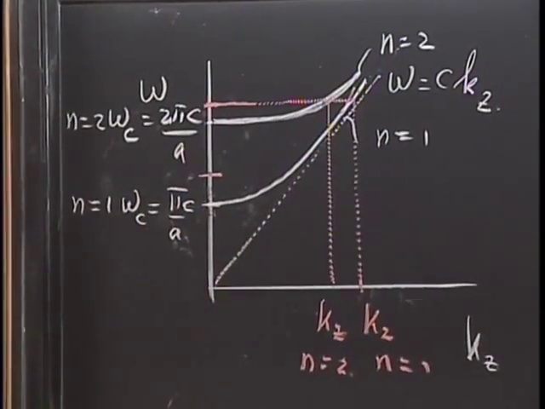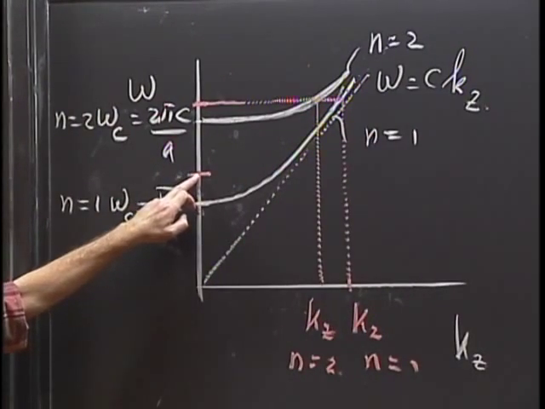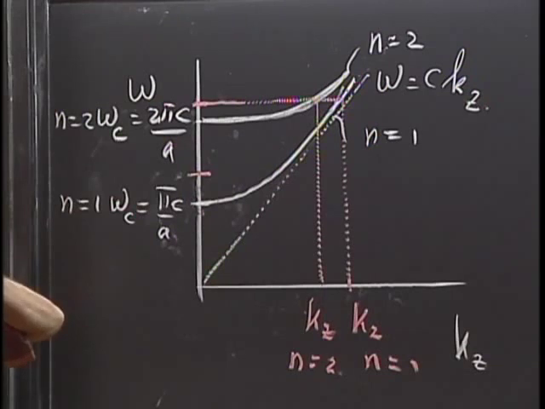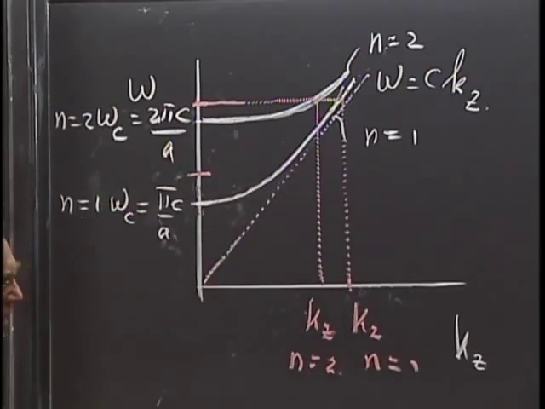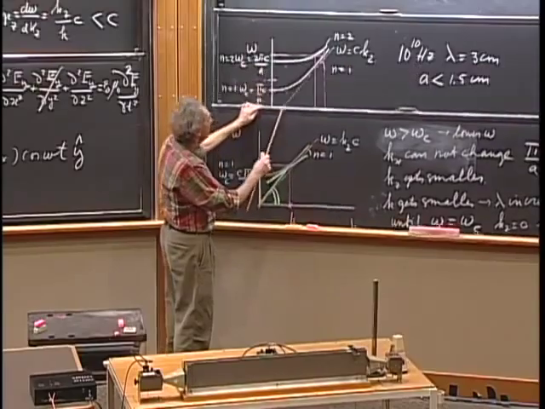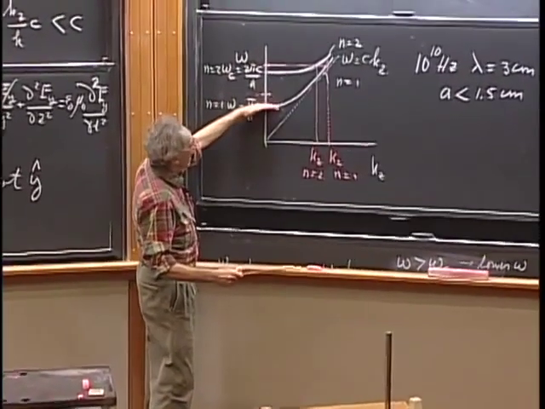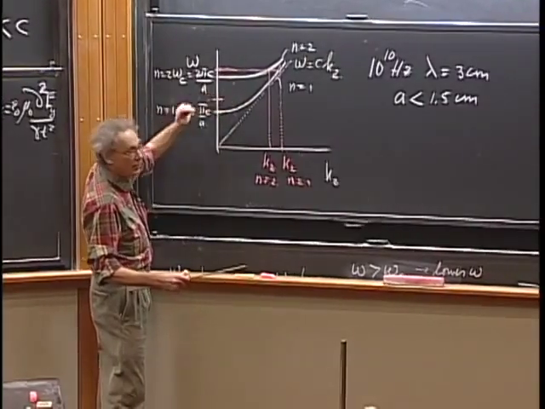And so I make omega c go up until it hits my 10 to the 10 hertz. So here in our thinking, we lowered omega, and I showed you what happens. Now, to do the experiment, I lower A, and I move this line up until I hit that point.